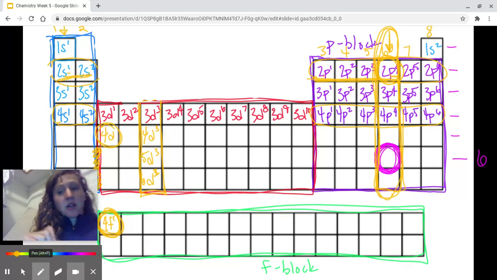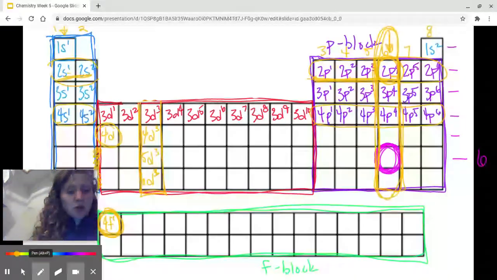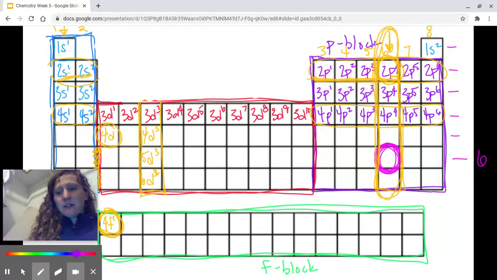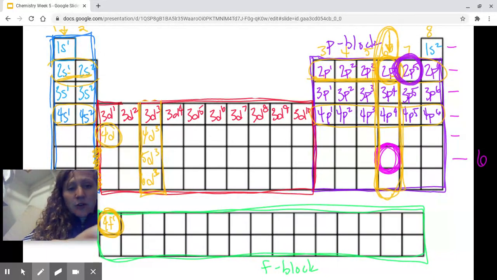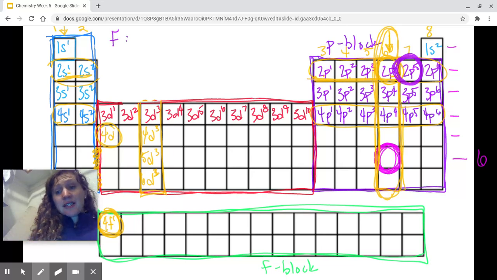Okay, so we're going to pick one. Let's choose fluorine, for example. Okay, so fluorine's over here. I'm circling it in purple. Fluorine is going to be this number. So instead of following along with the Aufbau principle, I'm going to use this periodic table. So for fluorine, I'm just going to count over until I get to the fluorine box.